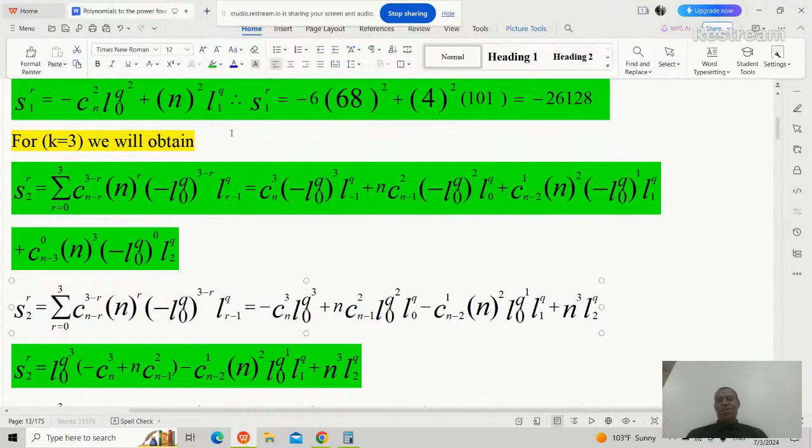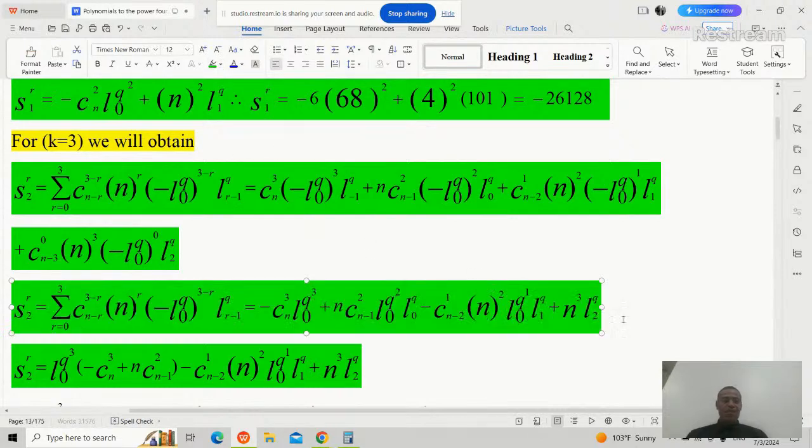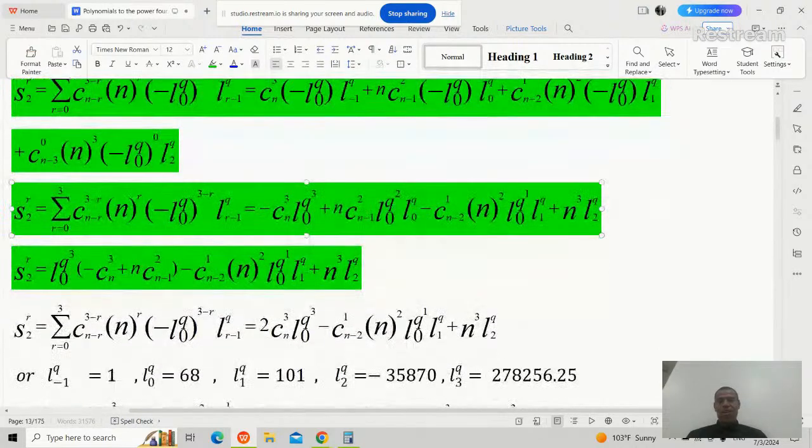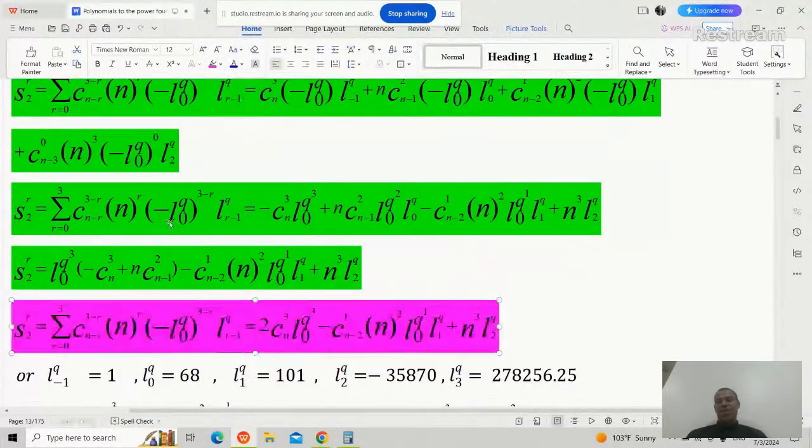I will color it with a different color. That is very important. Every student, every professor, every teacher has to memorize the last one, which is this.